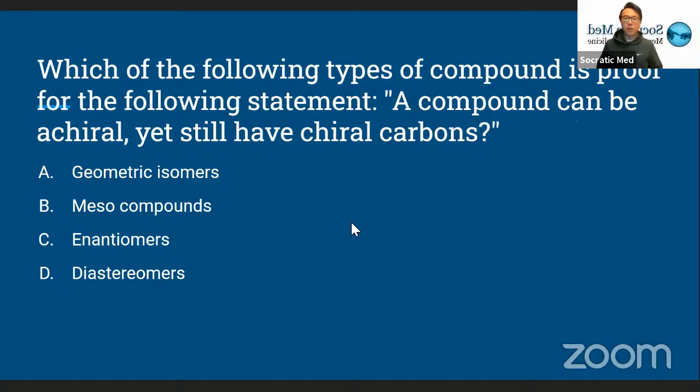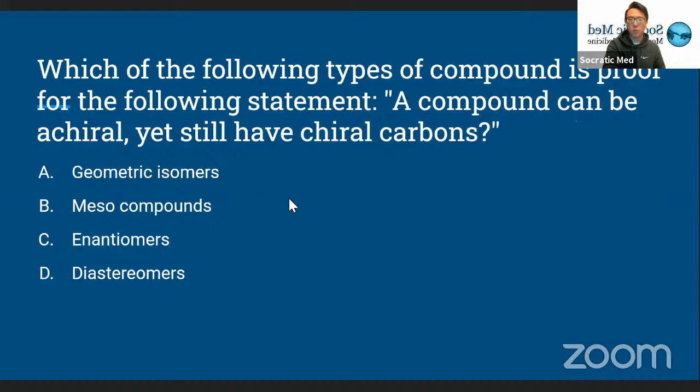All right, I'll give everyone a few more seconds on this. Okay, I'm going to end the poll now.